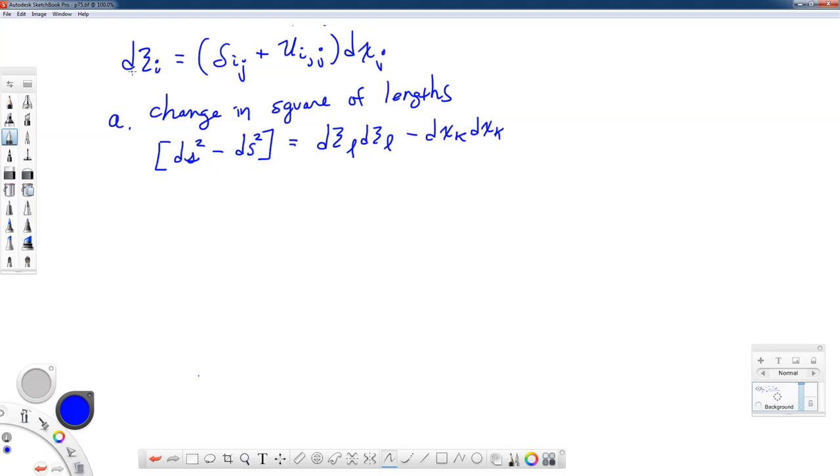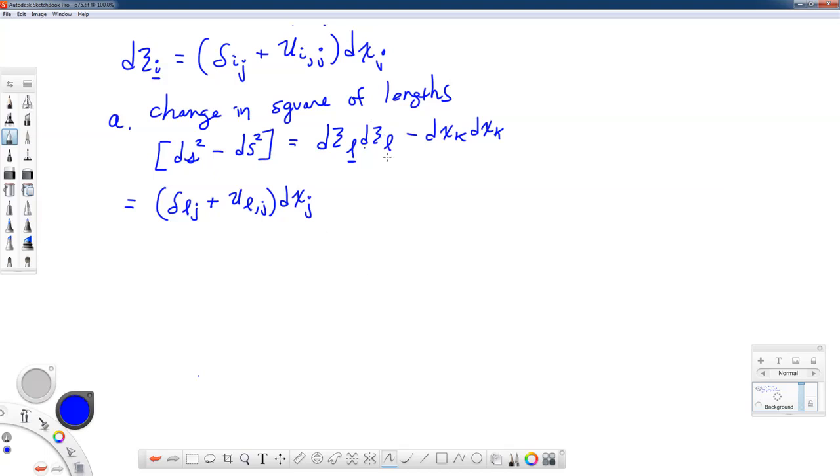Alright, so we just saw how to find dξi. So let's write down what dξl would be equal to. I'm going to try to be really careful here so I don't mess any of these terms up. So dξl, okay, instead of i, we're going to use l. So this would be Kronecker delta lj plus ul,j dxj.